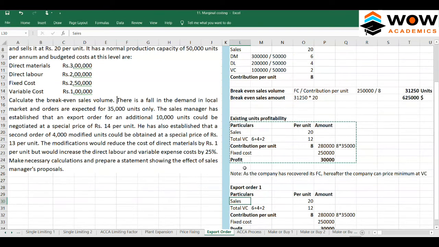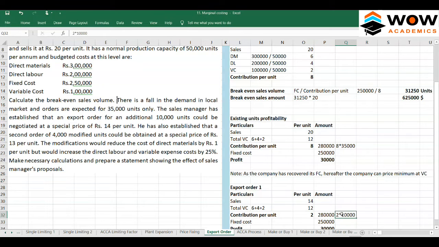So the negotiated price is 14, and thereafter there's not much change. Okay, the contribution per unit is 2. So they have made a contribution here. So we just have to multiply 2, which is the contribution, into the number of units. The units is 10,000 units.